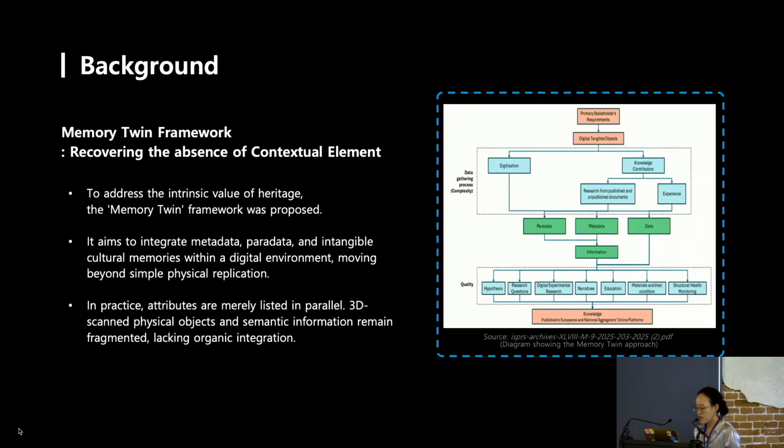Particularly in Europe, they suggested the concept called the memory twin. This framework deals with the essential value of heritage. As you can see in the concept diagram, it means going beyond simple physical copying to digitization, metadata, paradata, and intangible community value.